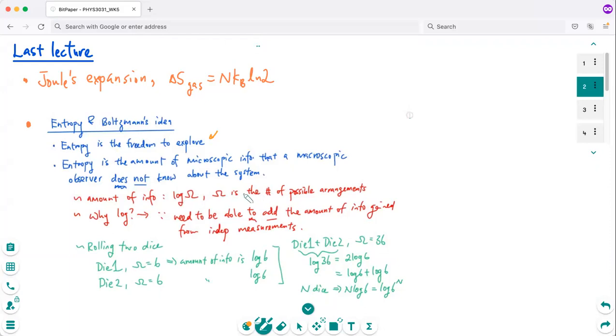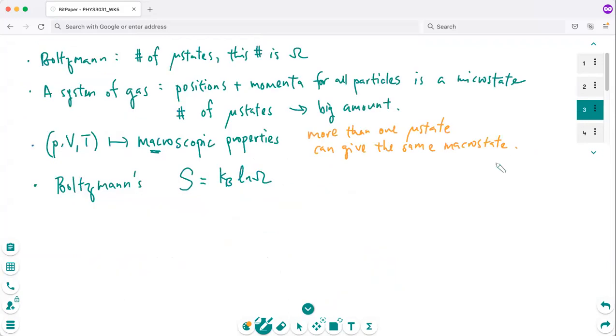And second, you can add entropy. Right now, we know we want to be able to add information. This is what we learned from probability theory. Here, when we use the example of the dice, this is what we know. If you have probabilities that you want to add, you add the log. But still, if you think in terms of thermodynamic quantity here, what is this entropy?